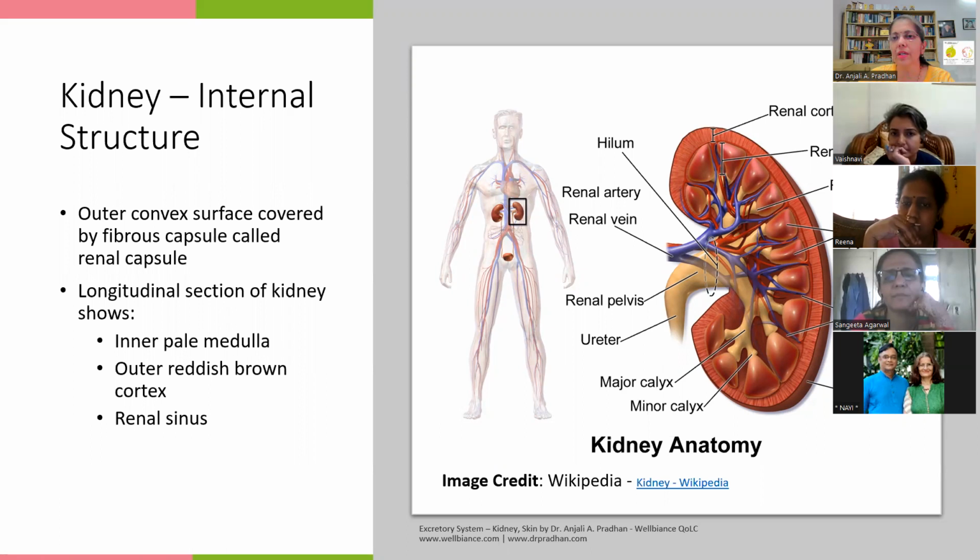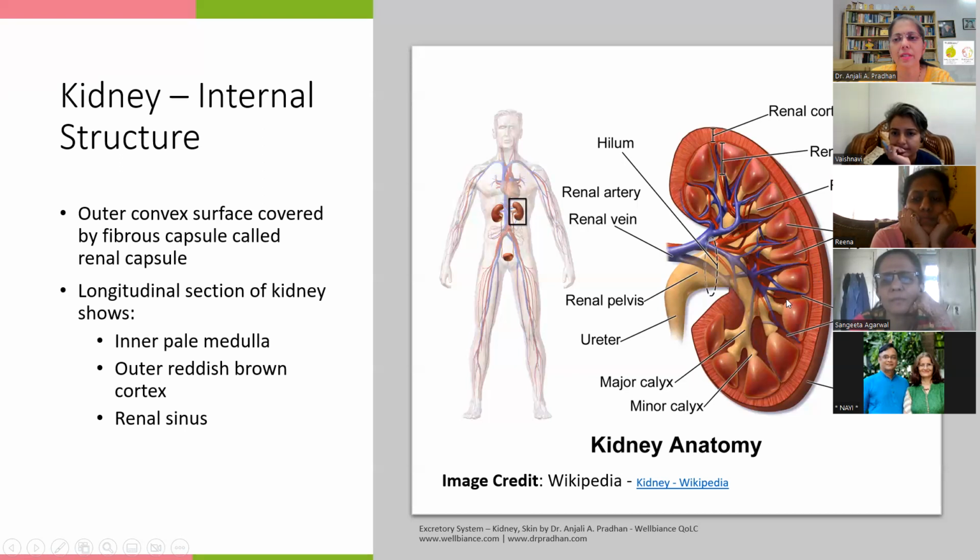Some part of the renal cortex, this part which enters into the medulla in between these pyramids, see this red part enters in between. It is called as renal columns. Okay, ये जो part है renal cortex का, it enters in between these pyramids.